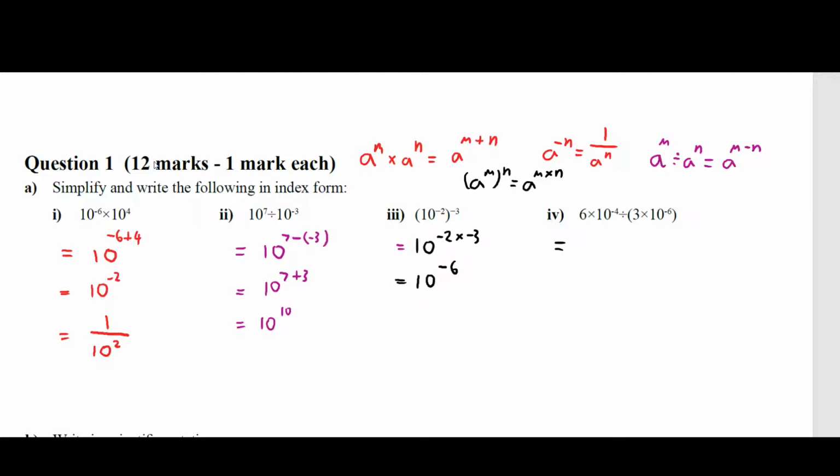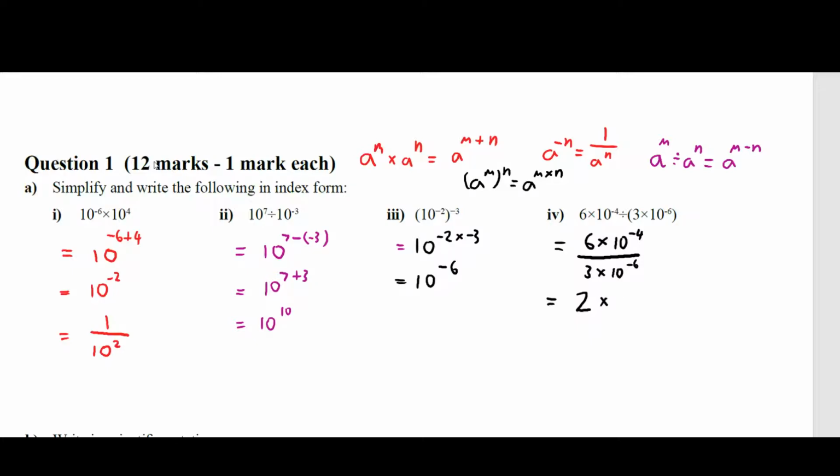Okay, now here's a tricky one. 6 times 10 to the negative 4 divided by 3 times 10 to the negative 6. Let's make it look a bit better. And what we can do is go 6 divided by 3. 6 over 3 is 2. Then 10 to the negative 4 over 10 to the negative 6.